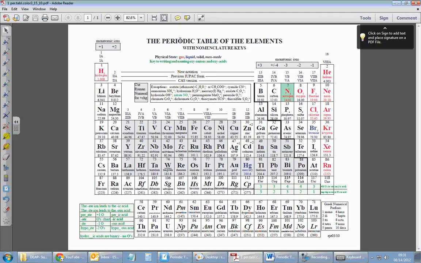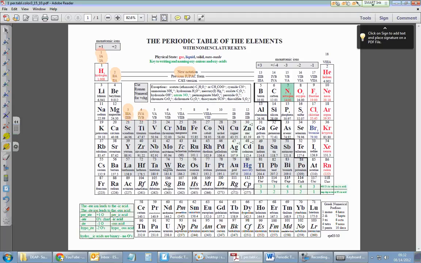Furthermore, it has the numbering systems that have been used. The current one, the new notation as he calls it, is the current IUPAC version, which just numbers the columns 1, 2, 3, 4 on up to 18. The older versions are based off of Mendeleev's original table, which only had 8 columns, and when they separated some of the information into basically 2 columns, they named some of them 1A and the other one 1B, and there were different versions of how to do that, which is where these other numbers come from.